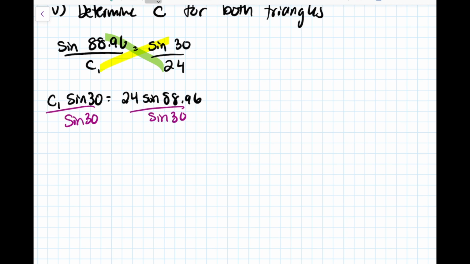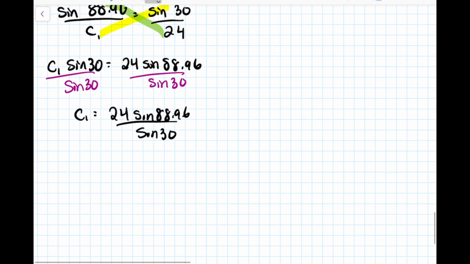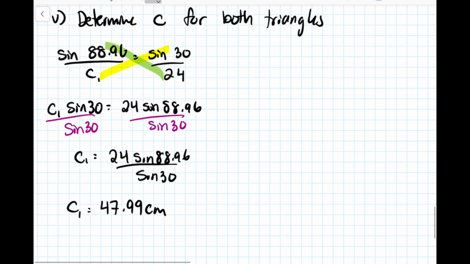And we get side C1 is 24 sine 88.96 divided by sine of 30. And so when you plug that into your calculator, if you haven't rounded anything the entire time, you'll end up with 47.99 centimeters.